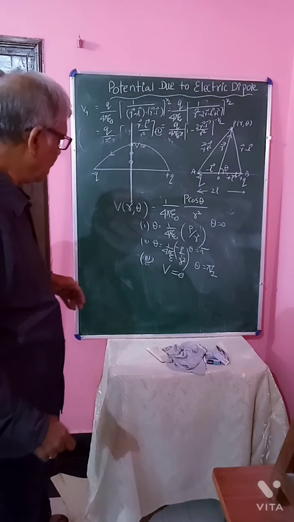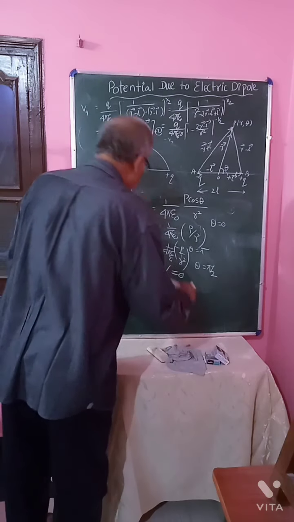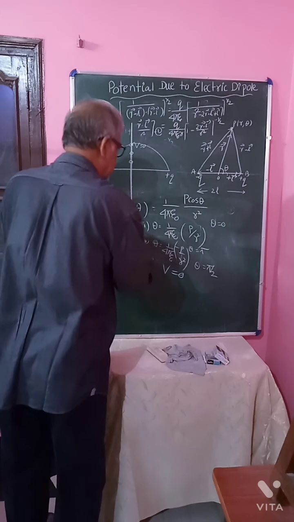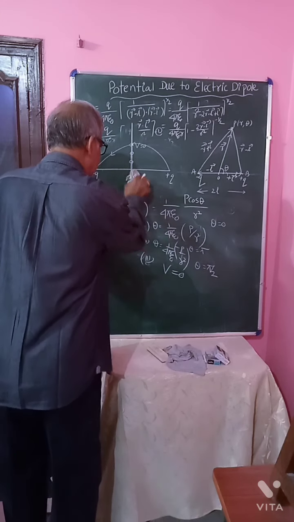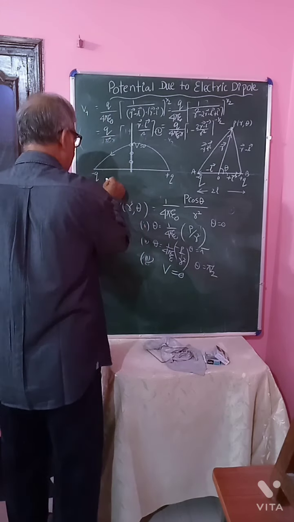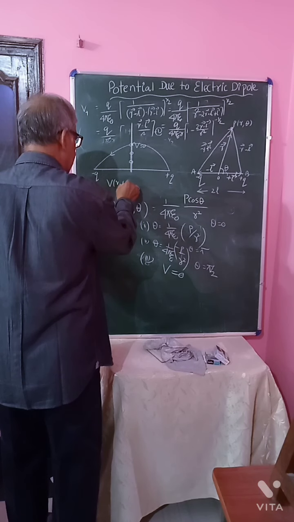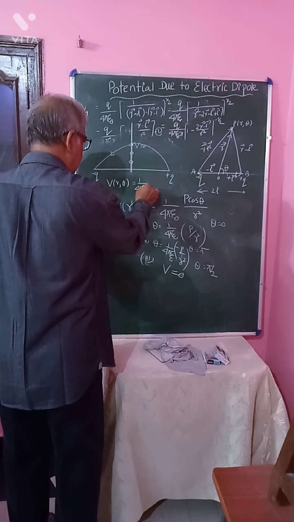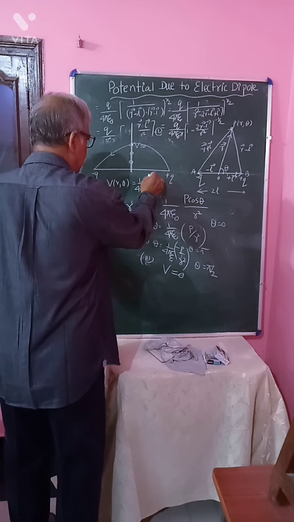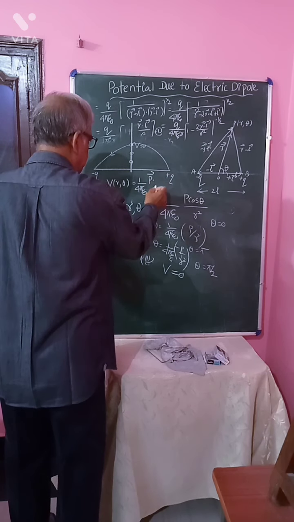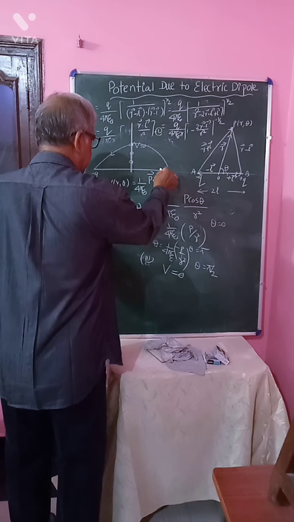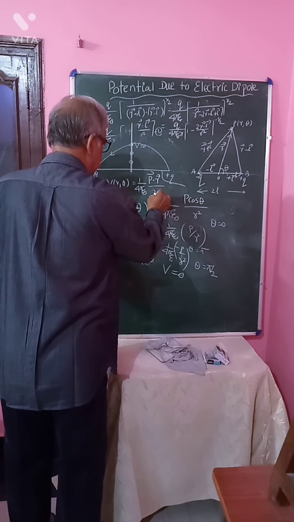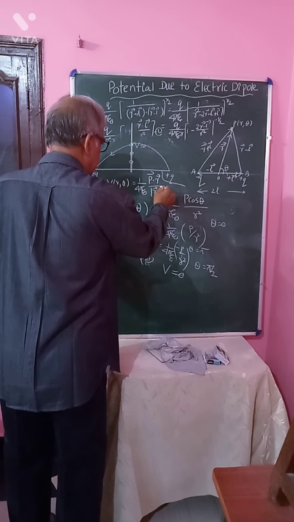Now, also you can write this potential expression V(R, theta) equal to 1 by 4 pi epsilon 0 times P vector dot R vector by mod R cube.